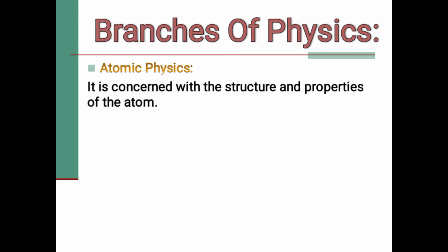This branch is concerned with the structure and properties of the atom. Atom, you know, is the smallest indivisible particle of matter. If you want to study what type of structure an atom possesses and what the properties of an atom are, you will study all this in atomic physics.